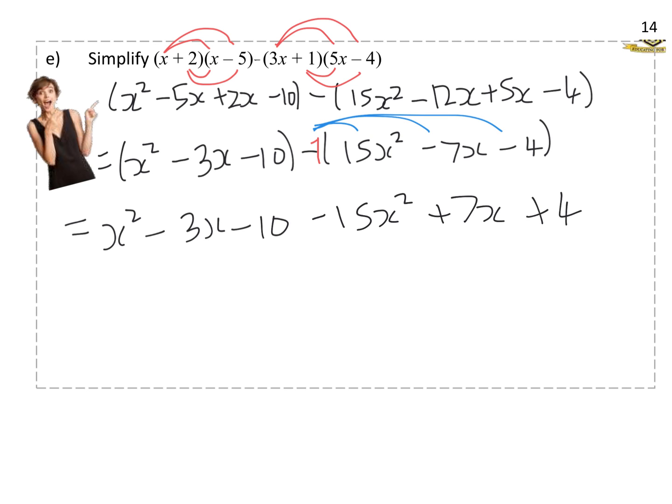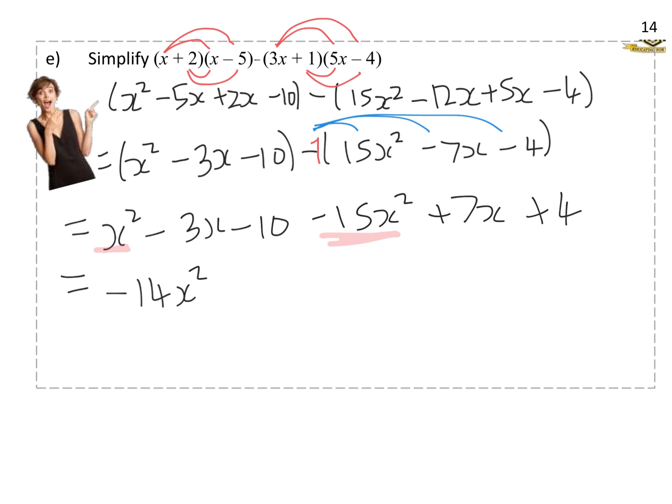Once we've expanded those out, got rid of the brackets, we can then simplify the whole thing. So we have here x squared and minus 15x squared. So 1x squared minus 15x squared would be minus 14x squared.